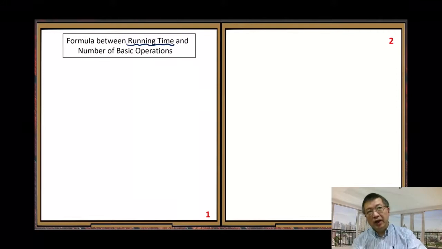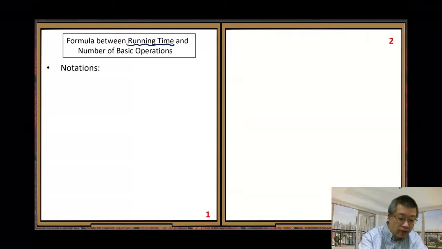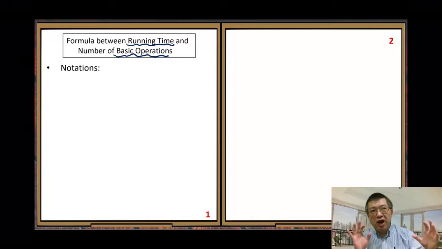To measure how fast an algorithm is directly, we use the running time concept. But there is another important point. We need to use basic operations to provide a more stable measurement. Here, we want to look at the relationship between these two concepts.